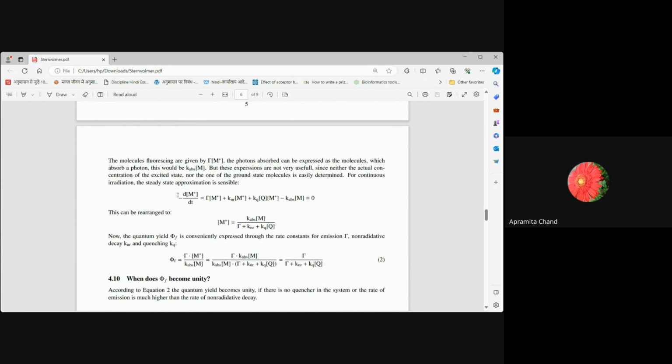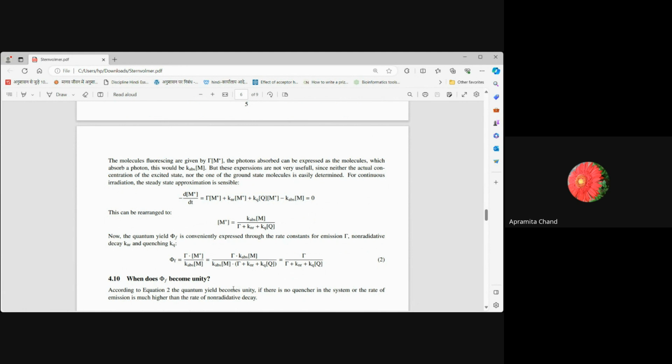So minus d M star by dt equals the molecules that fluoresce, the non-radiative decay, the quenchers, and the molecules that have absorbed the photons. Again, this expression is for molecules that have fluoresced, this is for non-radiative decay, this one is for quenching, and this one is for the absorbed photonic molecules, and they can be rearranged, and this is equal to 0.